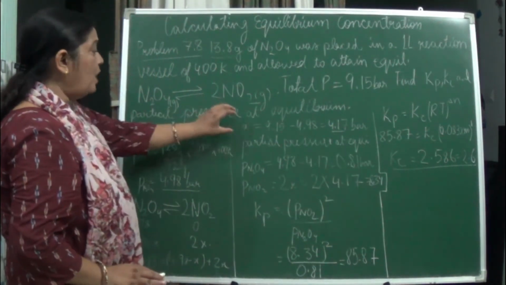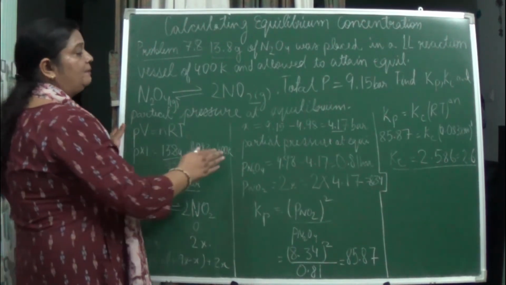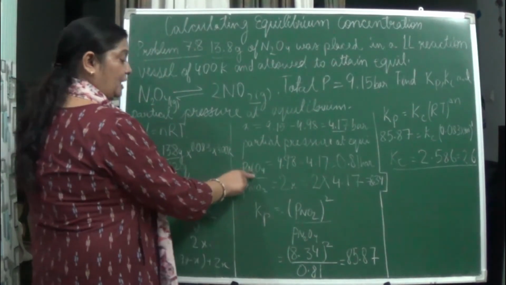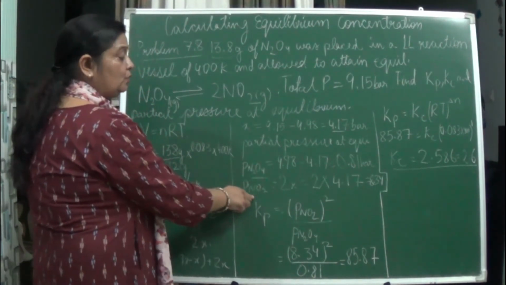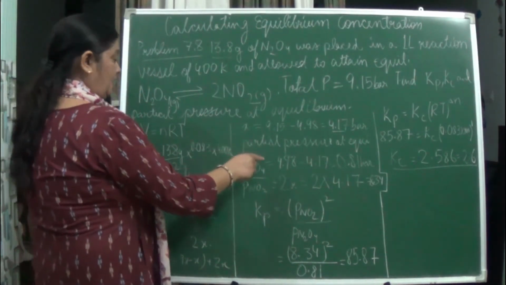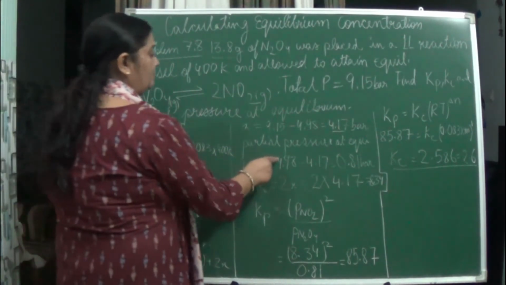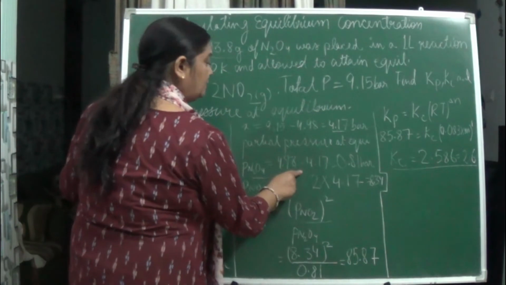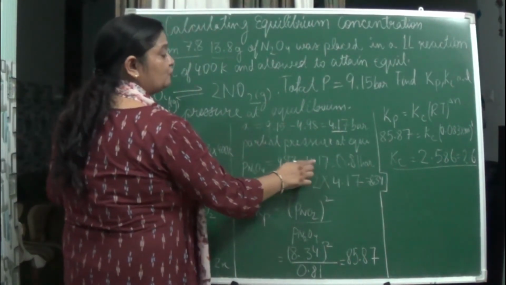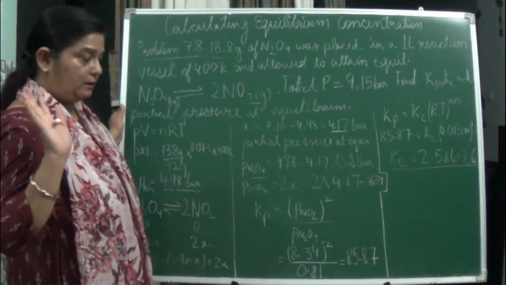Once you have the value of x, we will calculate the partial pressure at equilibrium of N2O4 and NO2. For N2O4, initially it was 4.98, so it will become 4.98 minus this x value, that is 4.17, and you will get the value 0.81 bar.